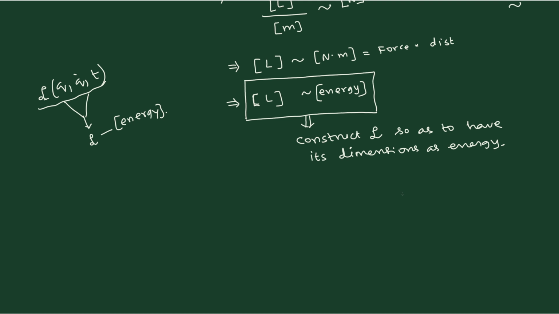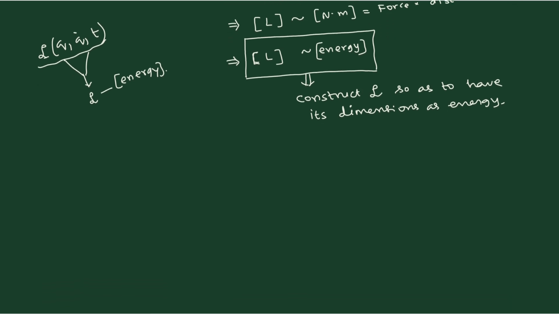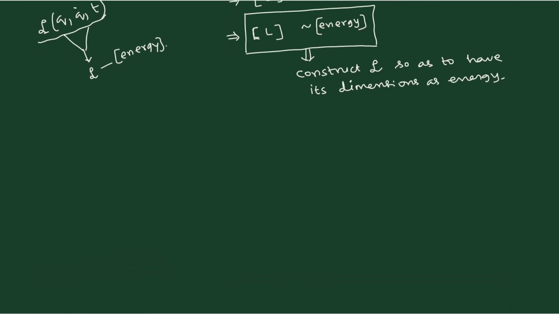Remember, another important point is that even though this conclusion is right now available to us, we still don't have a proper way of obtaining the Lagrangian function. You cannot say that this could be the Lagrangian function. Okay. So this opens up that there are many possibilities.